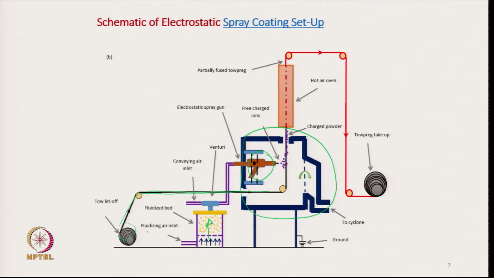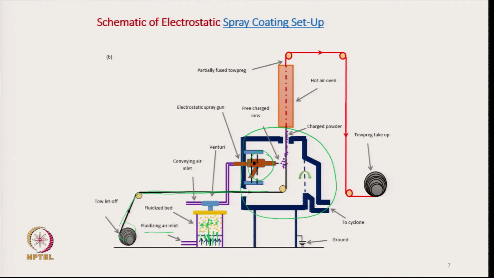Here the fluidizing air inlet is there in the plenum chamber and there is a perforated base, and as air enters inside this fluidizing bed, the polypropylene powder acts as a fluid liquid and it gets separated.